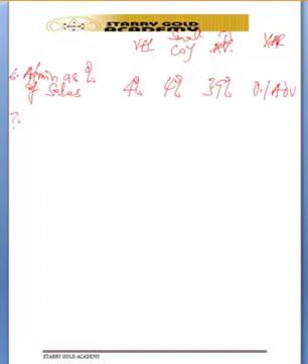Seventh one is material cost as percentage of sales.